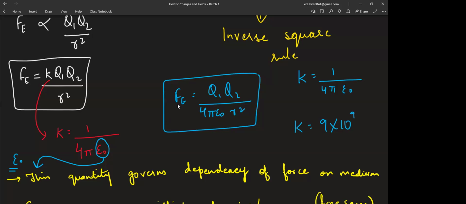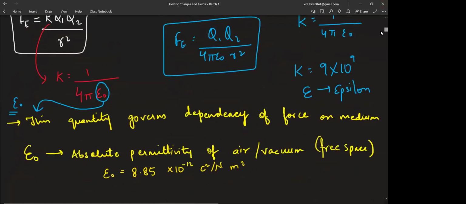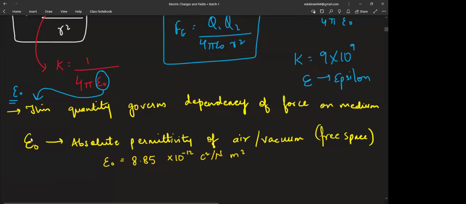Suppose this symbol is just epsilon, which stands for any medium. Just substitute the value of any medium. See, you have this epsilon naught.